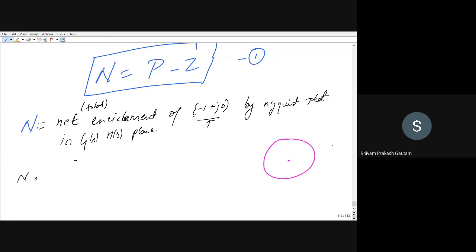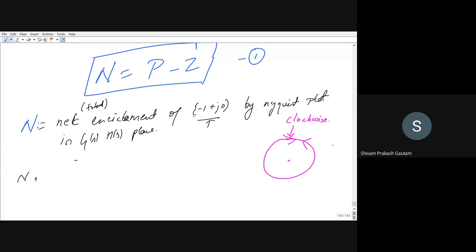So there are two ways which I can encircle. Suppose I want to encircle with the help of a circle. Either I can encircle in this direction, or I can encircle in this direction, right? If you encircle the point in this direction, you can say this is a clockwise direction.